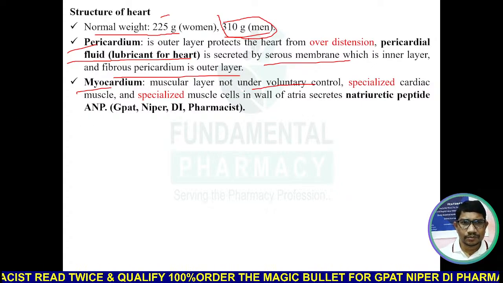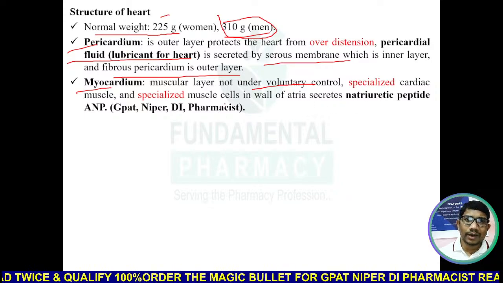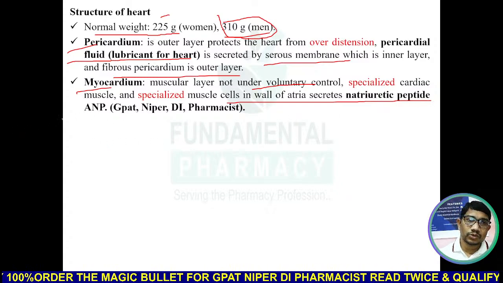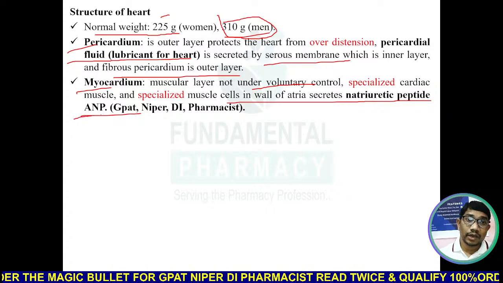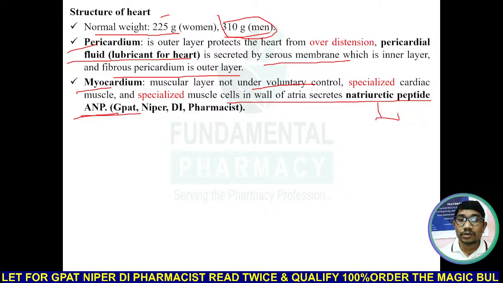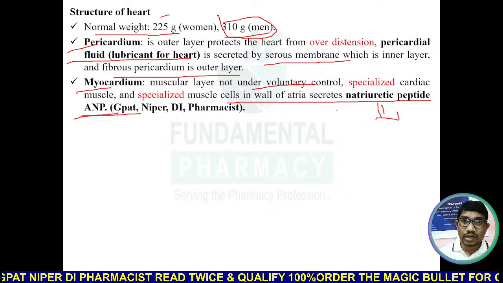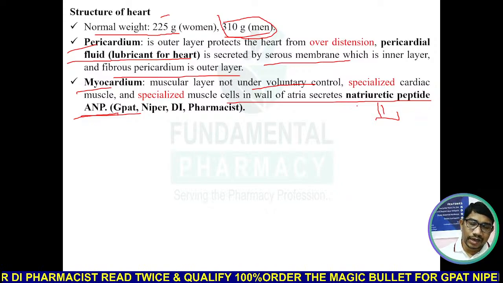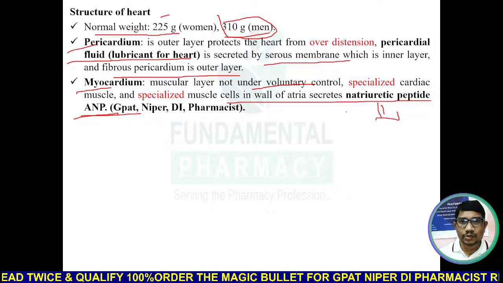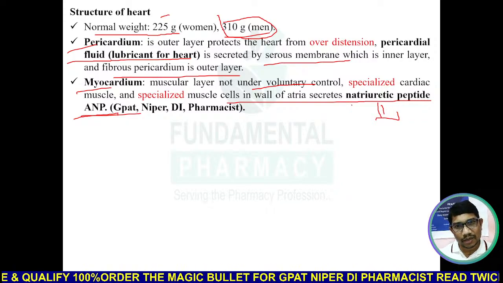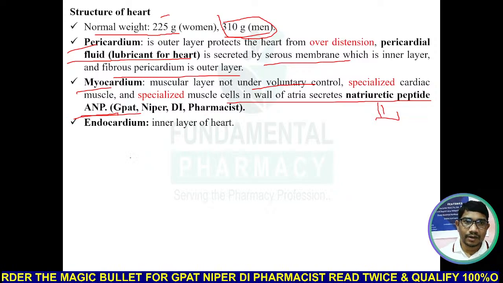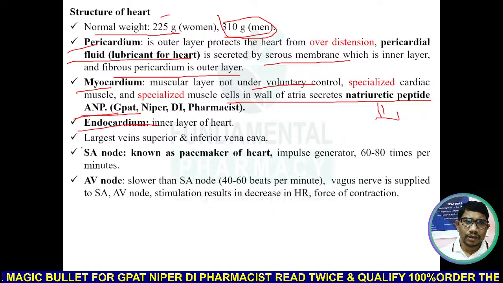Specialized cardiac muscles are there. In the atria, specialized cardiac muscle also secretes one natriuretic peptide, ANP, which decreases the heart rate. What is ANP? It is a natural drug which is used as an antiarrhythmic, used in arrhythmia. If the heart rate has increased or you have arrhythmia, it will decrease that. Naturally, a peptide is released from the atria, atrial natriuretic peptide, ANP. Endocardium is the inner layer of the heart. Which is the largest vein?